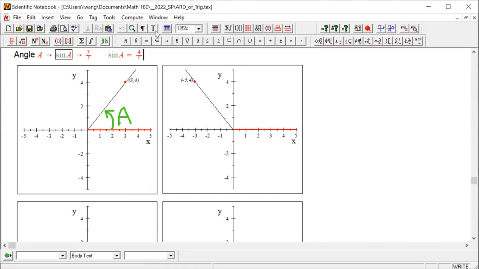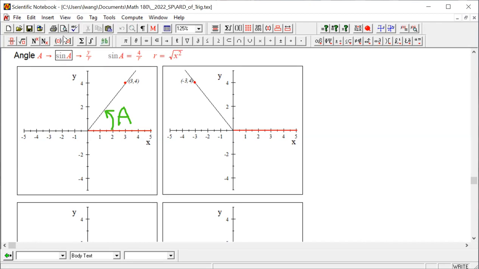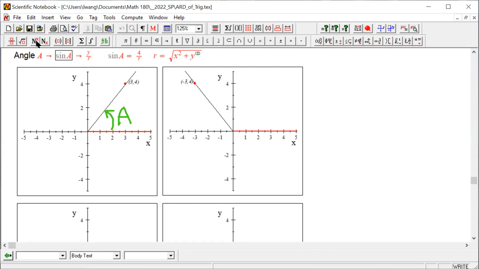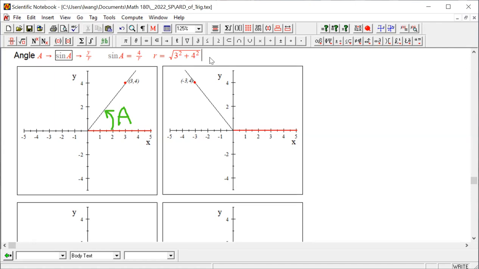So r is equal to the square root of x squared plus y squared, using the formula in the definition. And x is 3, y is 4, and that's going to be what?